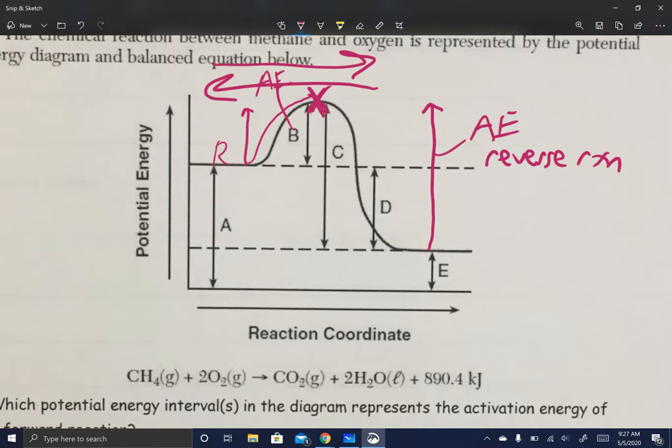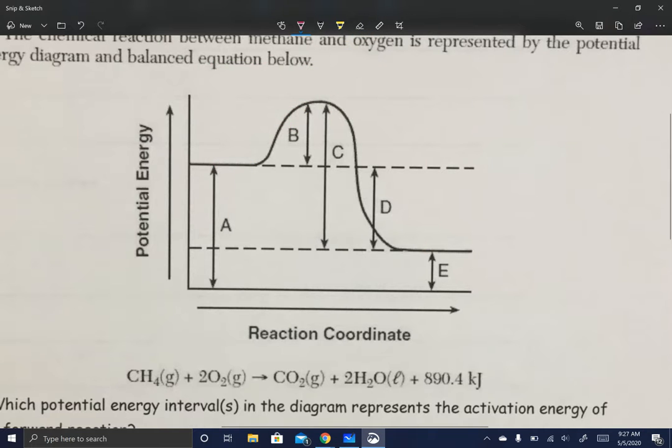So that's letter C. And letter D is probably the most important, especially for those of you taking AP Chem. This is your delta H. Let's say this was 25 kilojoules and my reactants were 75.